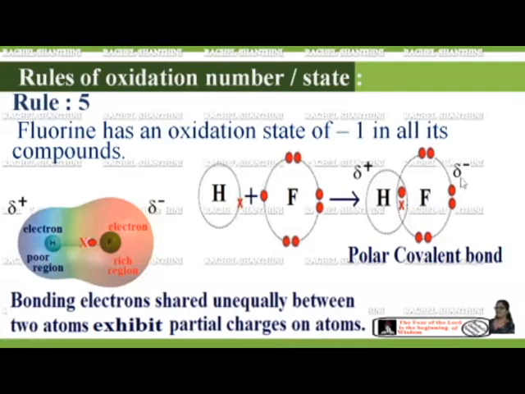So, fluorine possesses a partial negative charge in hydrogen fluoride, and hydrogen possesses a partial positive charge. Since fluorine accepts 1 electron from hydrogen, the oxidation state of fluorine is -1.